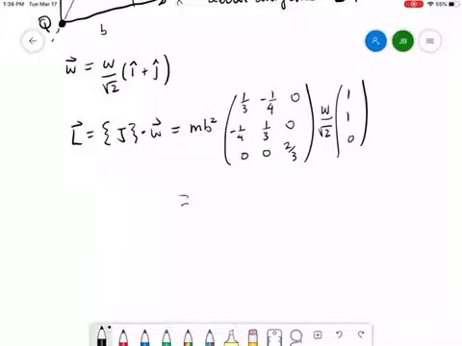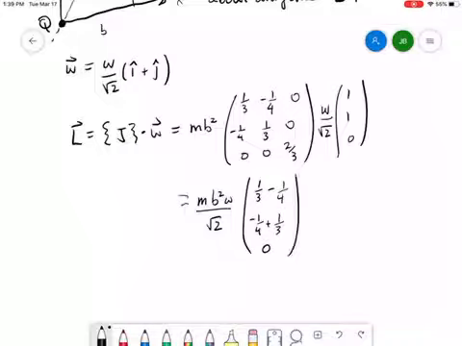Okay, so if we do that matrix multiplication, we get mb squared omega over root 2, and then we get 1/3 -1/4 for the first entry, and then we get -1/4 plus 1/3 for the second entry, and then we get 0 for the last component of L. So 1/3 -1/4 is 4/12 minus 3/12, and so that's 1/12.